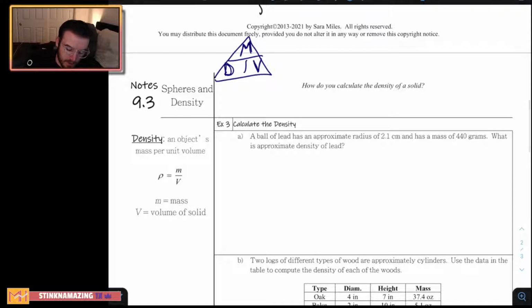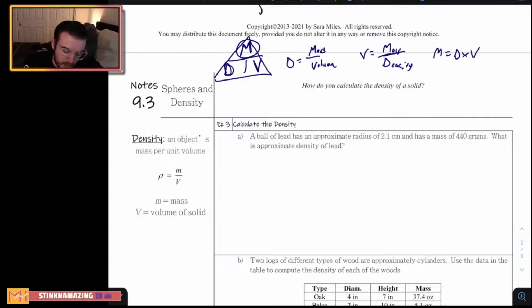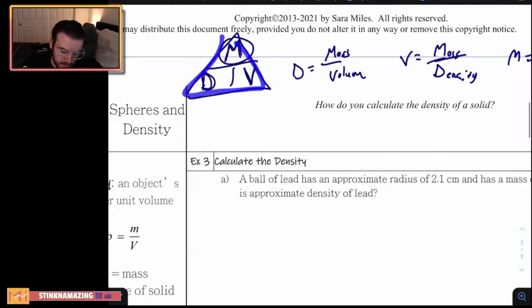So you look at this triangle. Density is found by doing mass divided by volume. Or you can look at it the other way around and say that volume equals mass divided by density. Or if you're trying to find mass, you do density times volume. You see how this triangle helps us figure that out?